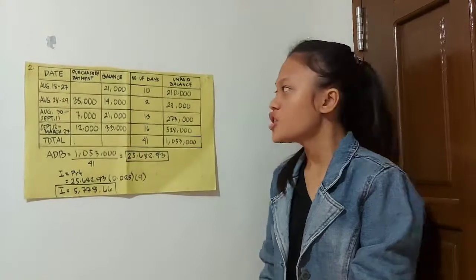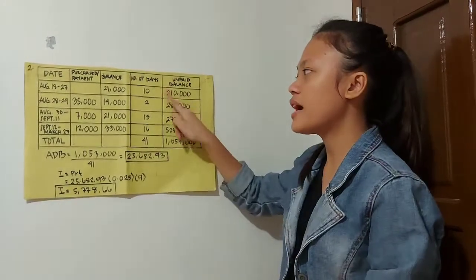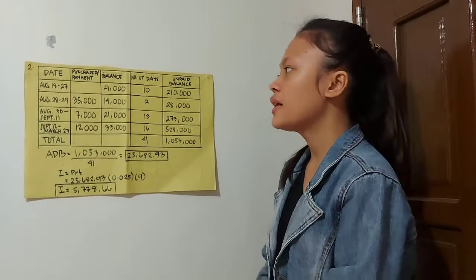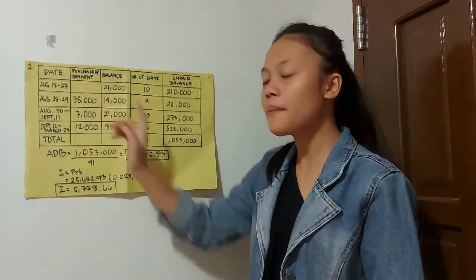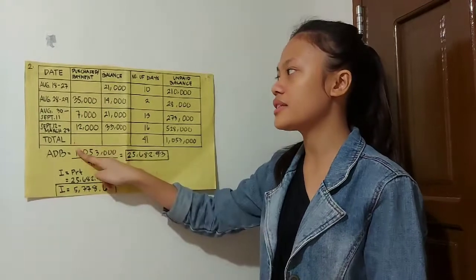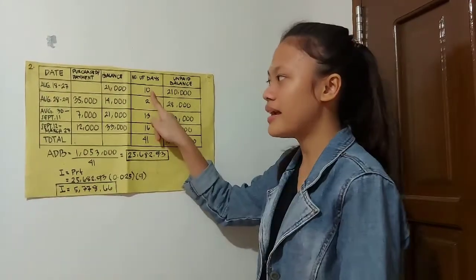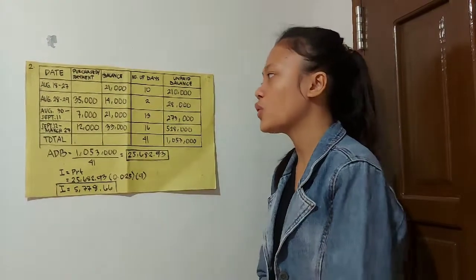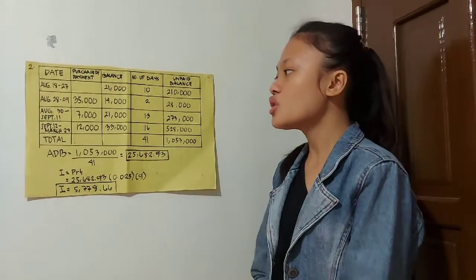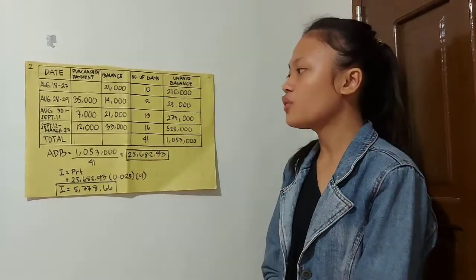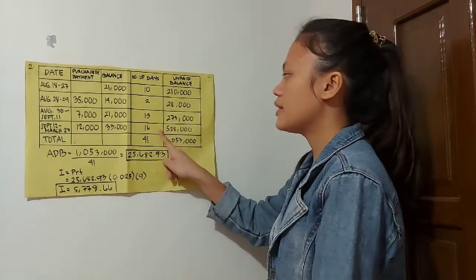Here in the number of days, I come up with this number by computing the gap of the dates, wherein on August 18 to 27 we have 10 days, August 28 to 29 we have 2 days, August 30 to September 11 we have 13 days, and September 12 to March 27 we have 16 days.